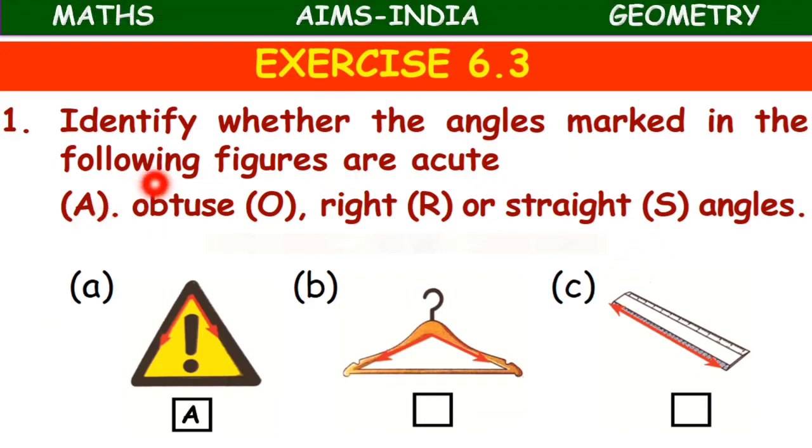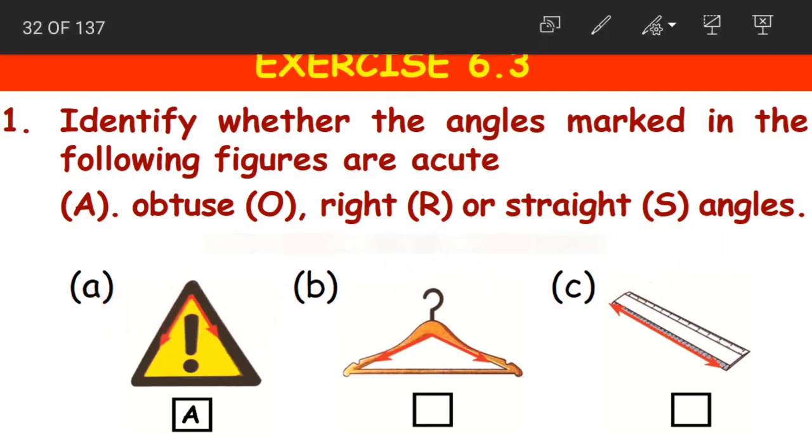Coming to the exercise problems, identify whether the angles marked in the following figures are acute, obtuse, right or straight. And what are the given objects here, children? Coming to A is already been done for us. See, this is a smaller angle than our right angle.